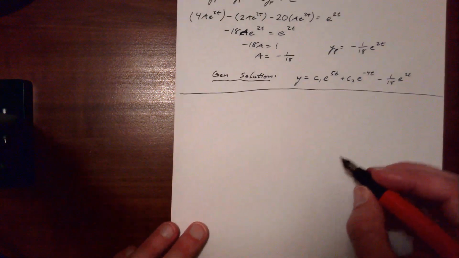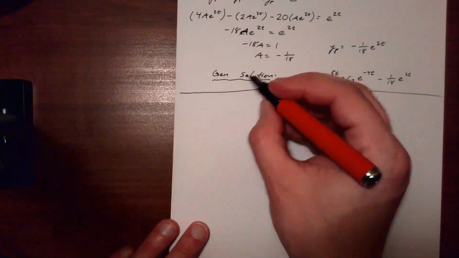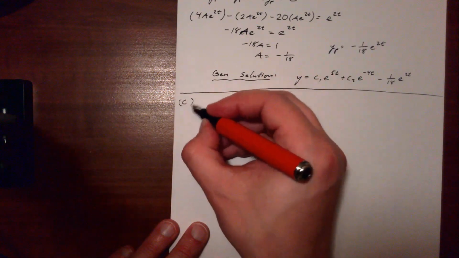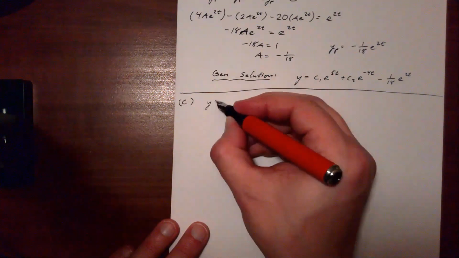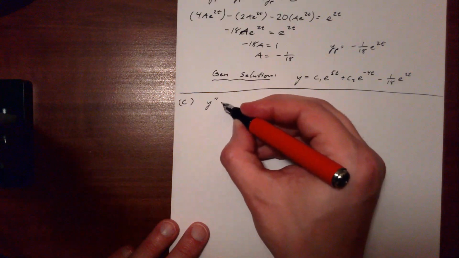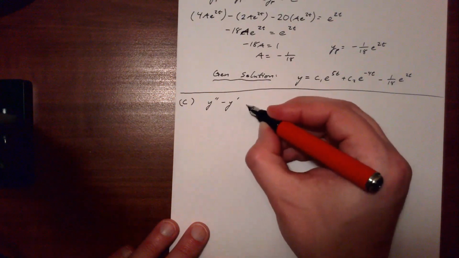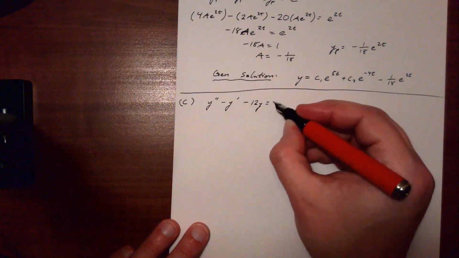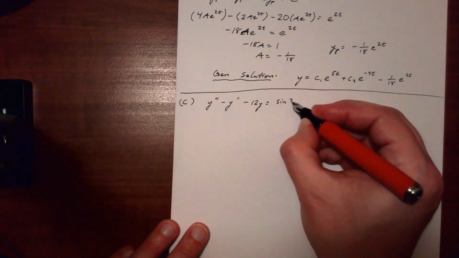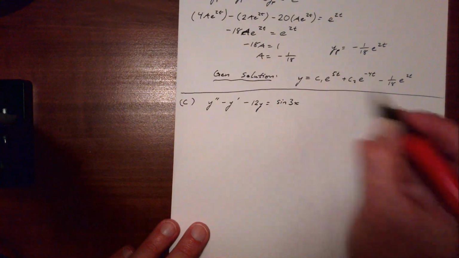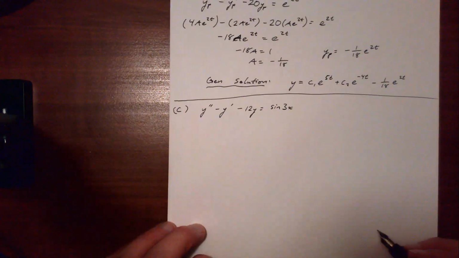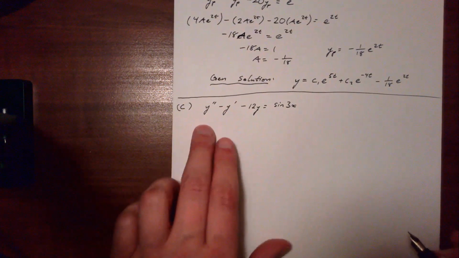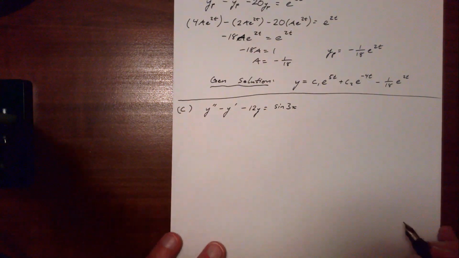Now let's see something like this. What if we have y double prime minus y prime minus 12y equals sine 3. This time I'm going to make it an x. Shake things up. So now it's assumed that y is a function of x.